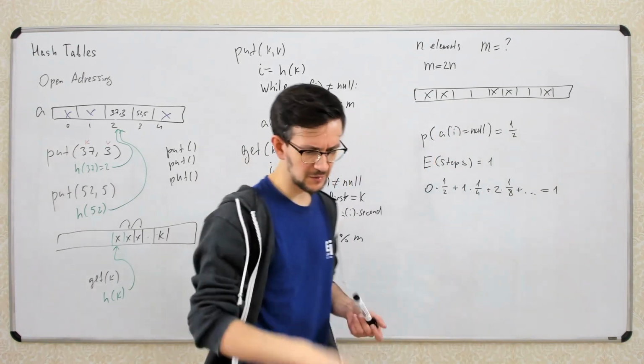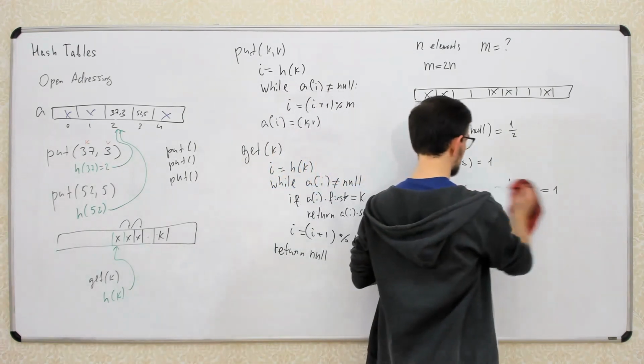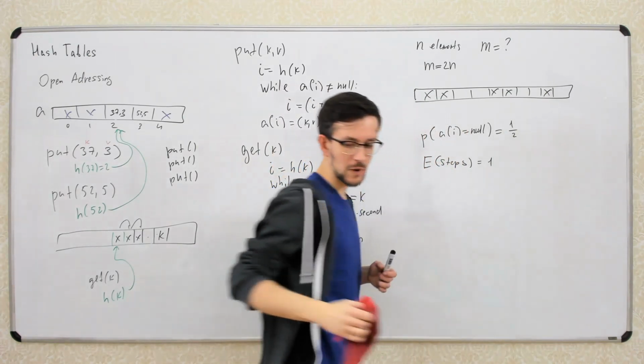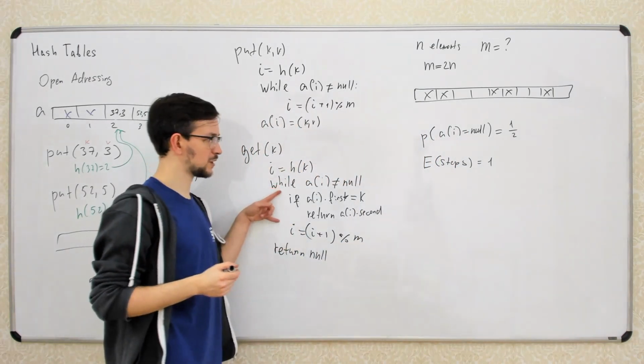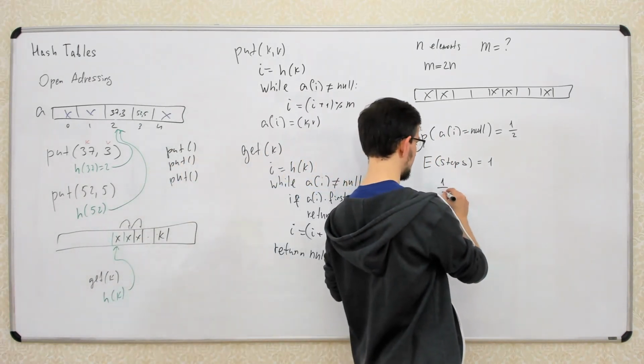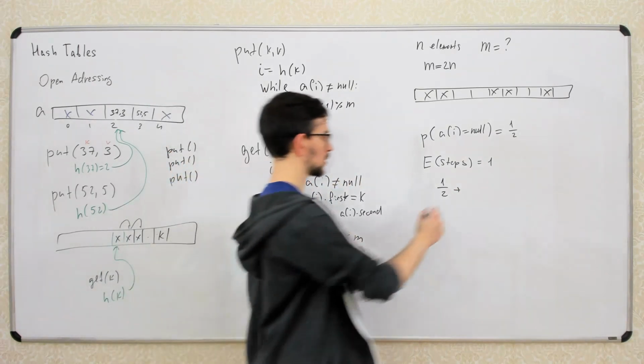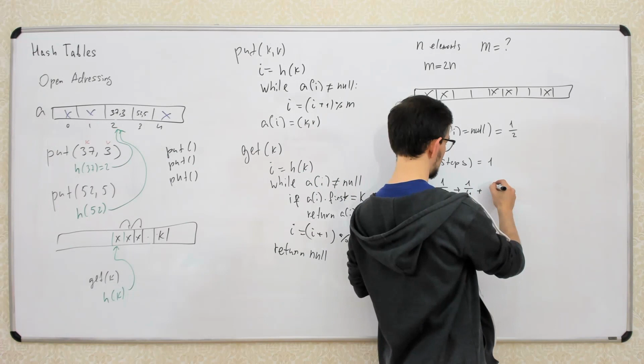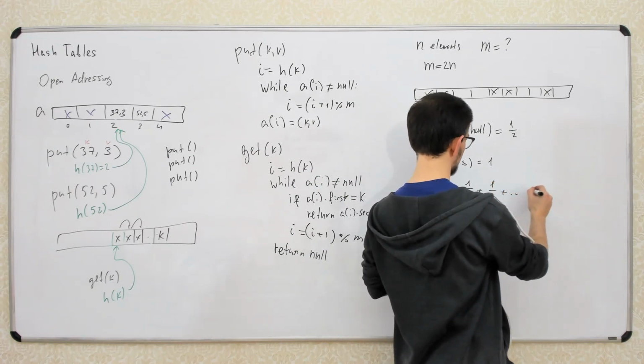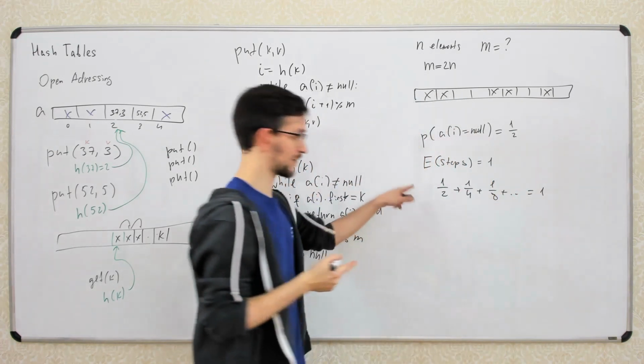You can think about it a little bit differently. What is the expected number? We make the first step with probability 1/2, the second step with probability 1/4, the third step with probability 1/8 and so on. So it's 1. That's definitely 1.